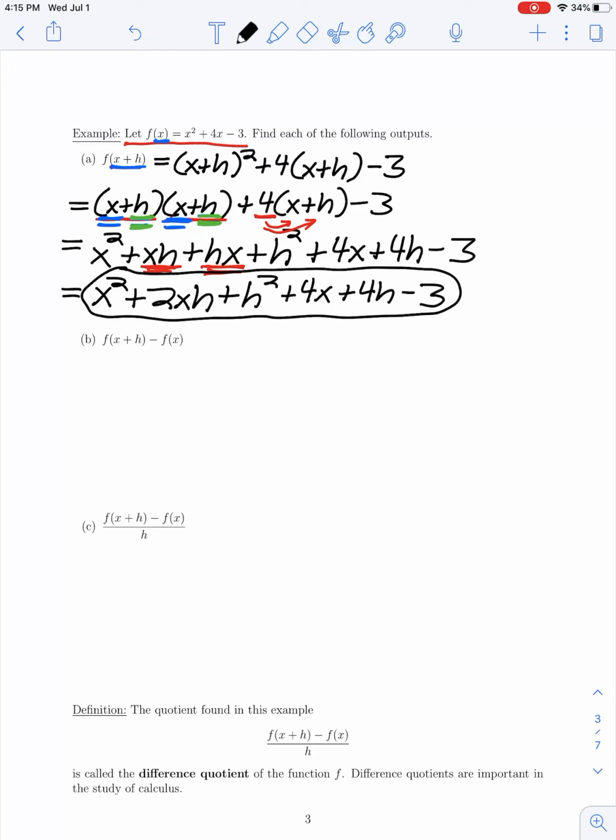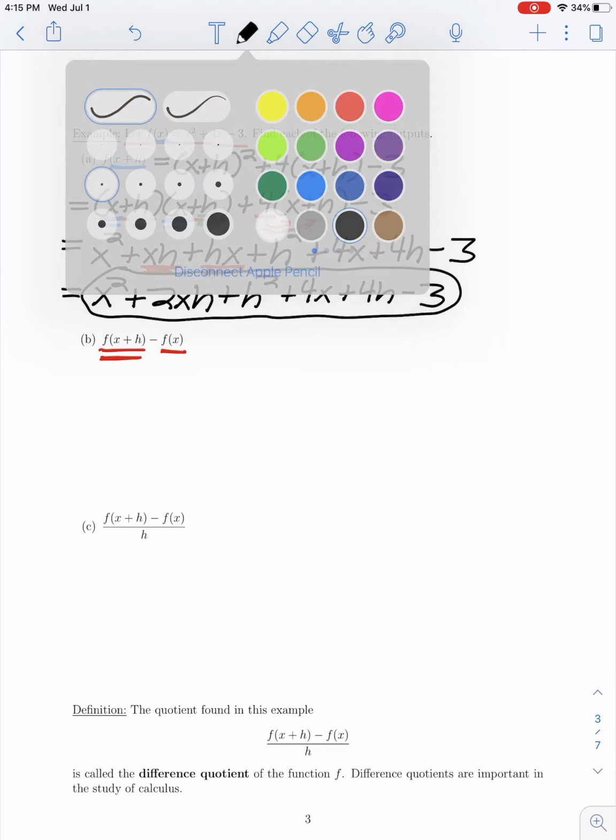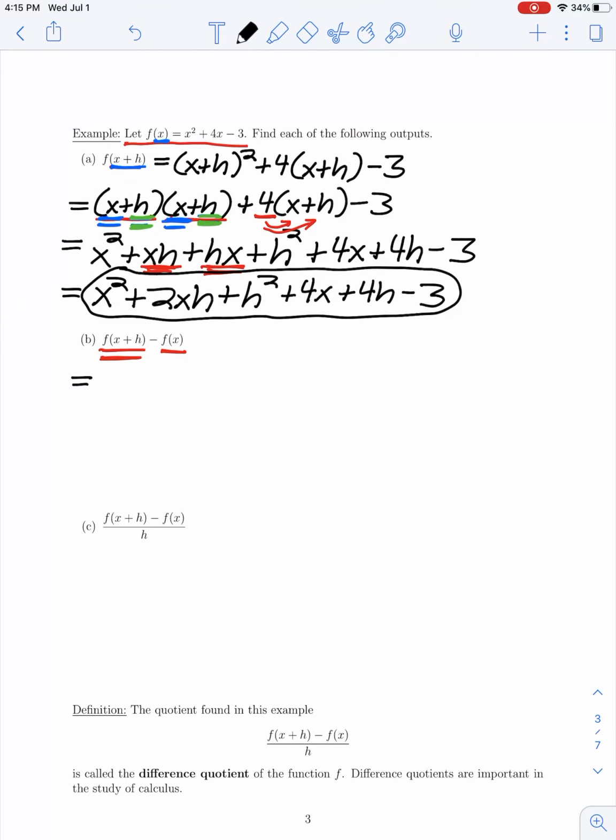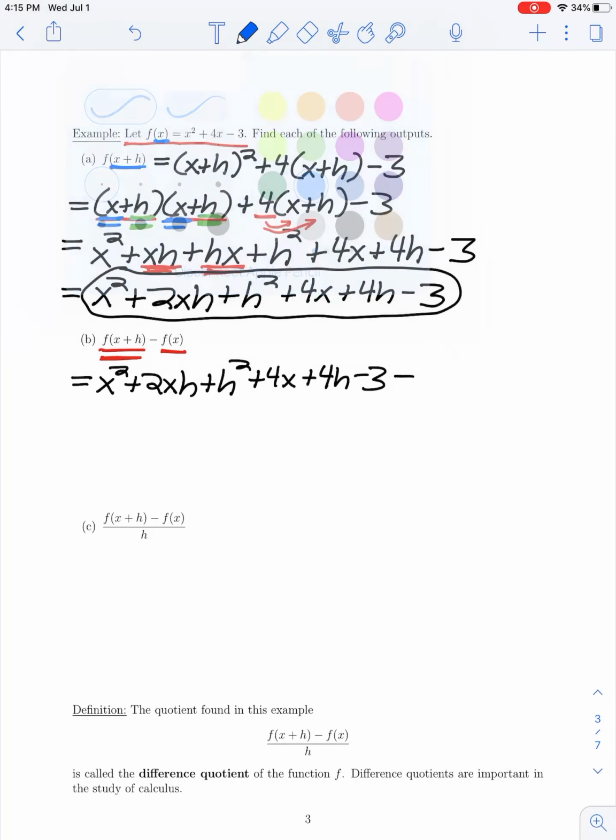So let's look at part B. In part B, we are asked to find f of x plus h minus f of x. So this first term is what we just found. Let's write it out. From part A, we found f of x plus h to be x squared plus 2xh plus h squared plus 4x plus 4h minus 3, and then we're subtracting the function f of x.